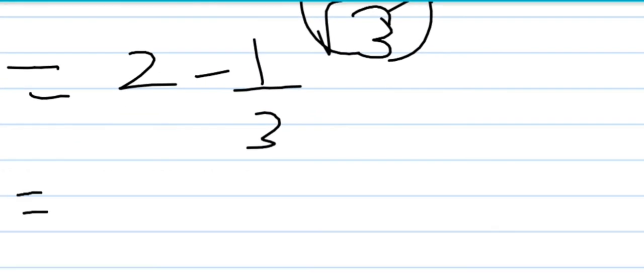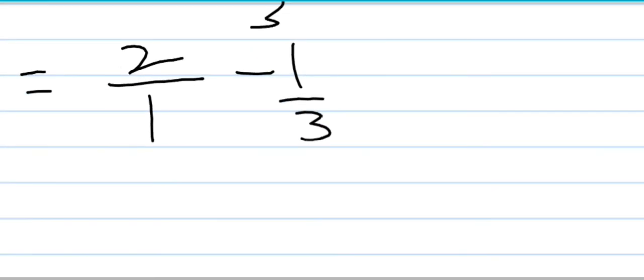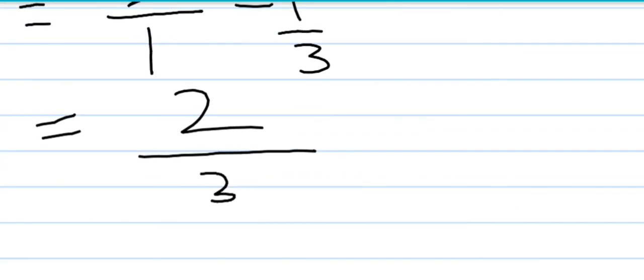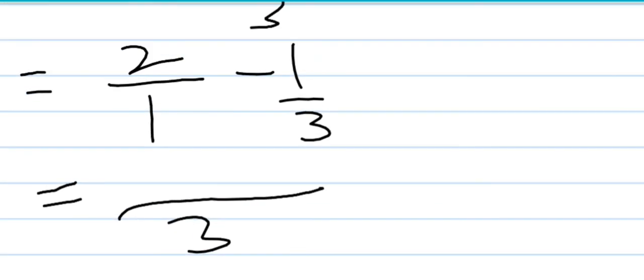Now we will take LCM. 2 divided by 1 minus 1 divided by 3. 3 1s are 3, and 2 3s are 6, minus 1. 6 minus 1 is 5 divided by 3. Answer.